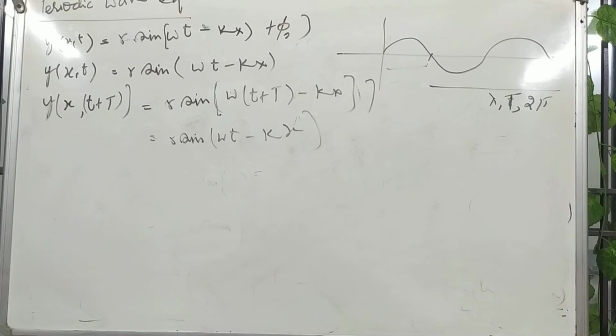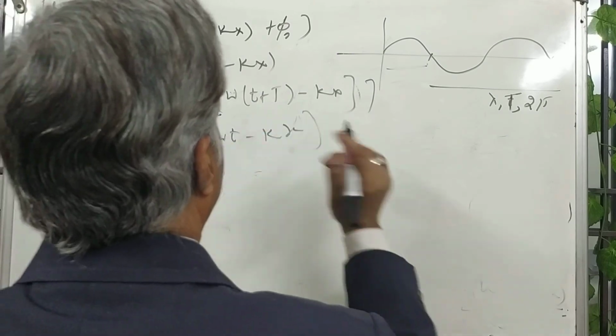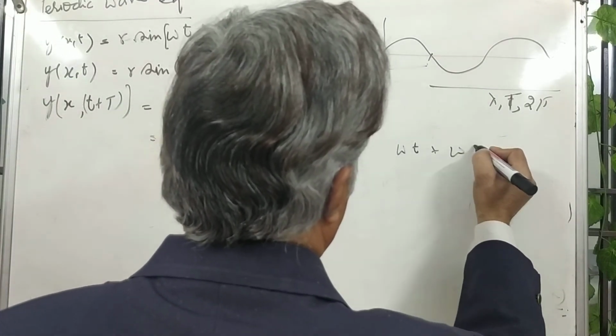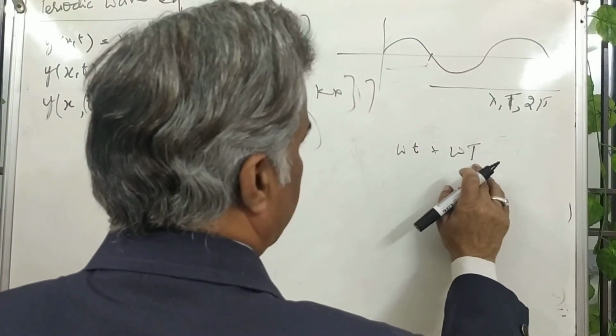There is no difference, because in this place omega t plus omega T, and omega T is 2 pi.